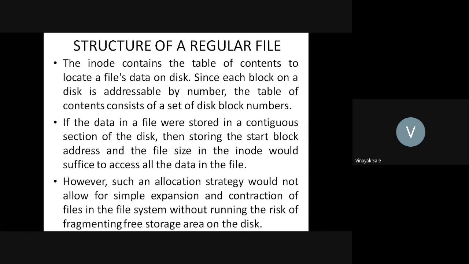If data in a file were stored in contiguous memory locations, then storing the start block address and file size in the inode would suffice to access the data in the file. However, such an allocation strategy would not allow for simple expansion and contraction of files in the file system without running the risk of fragmenting the free storage area of the disk.